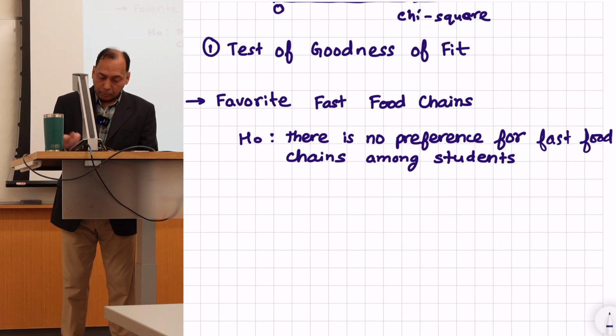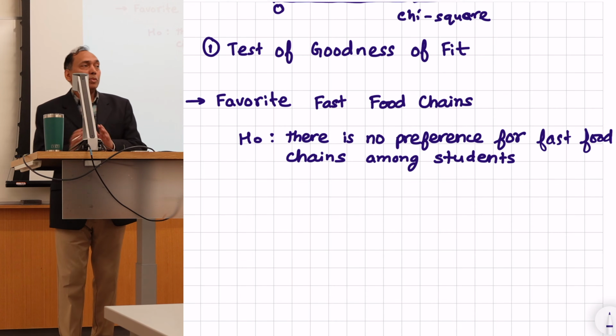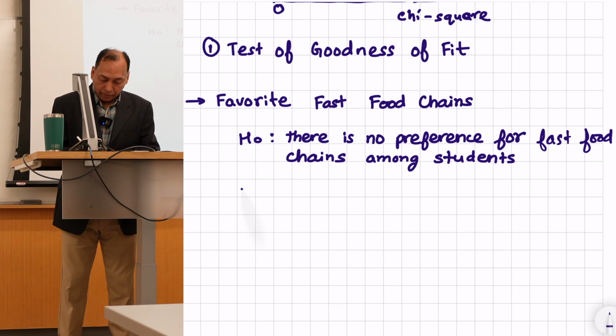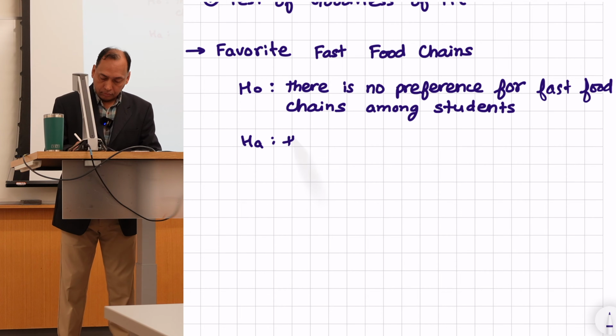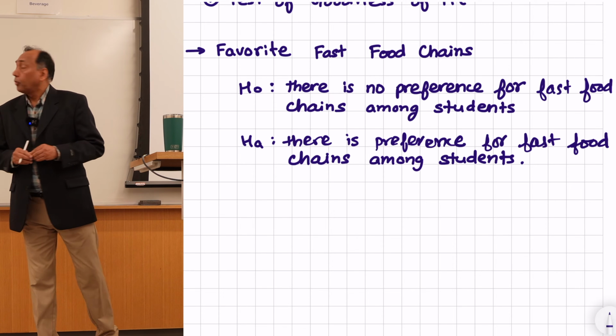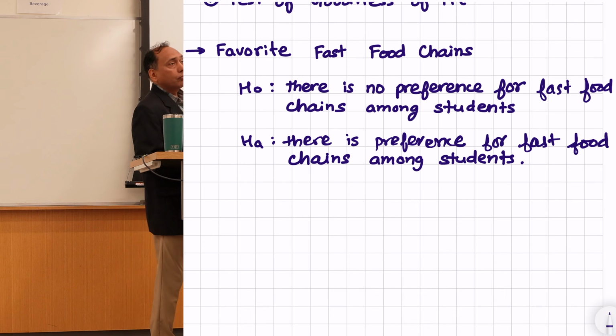So that's the null hypothesis. It assumes that everything is equal. There's no particular pattern here. And the alternate is the opposite of this. So there is a preference for fast food chains among students.